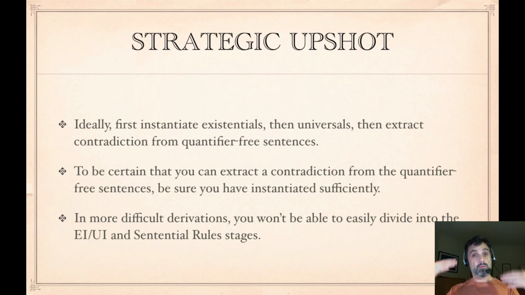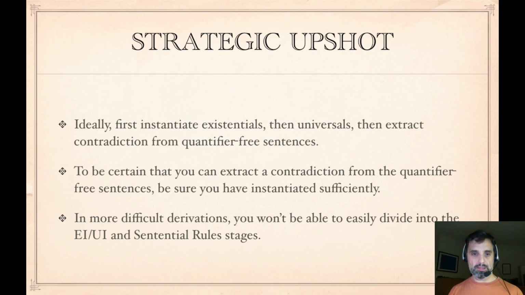So keep those apart in your head as you proceed, and ask: am I in the EI+UI stage, or am I in the chapter 1 and 2 stage, the propositional quantifier-free stage? As we'll see in more difficult derivations, you won't be able to keep those two stages perfectly separate. They will overlap, but it still helps to have the idea of two different stages.